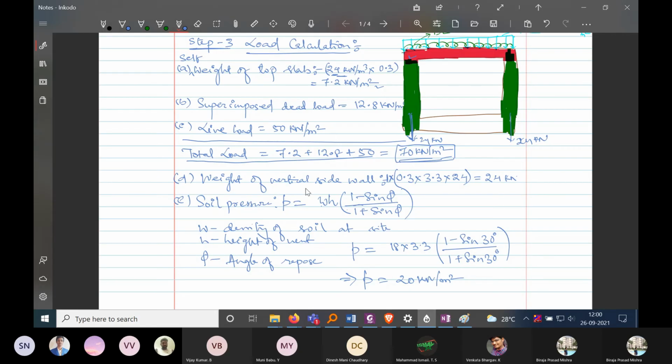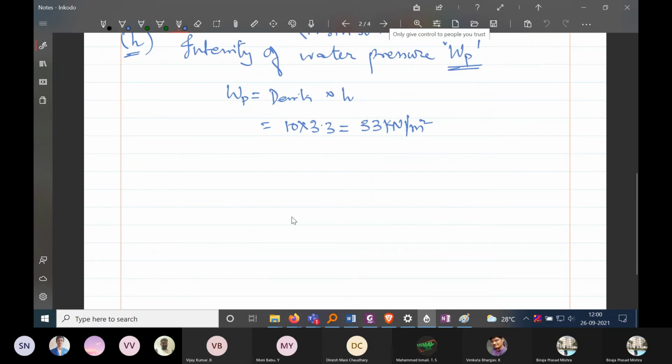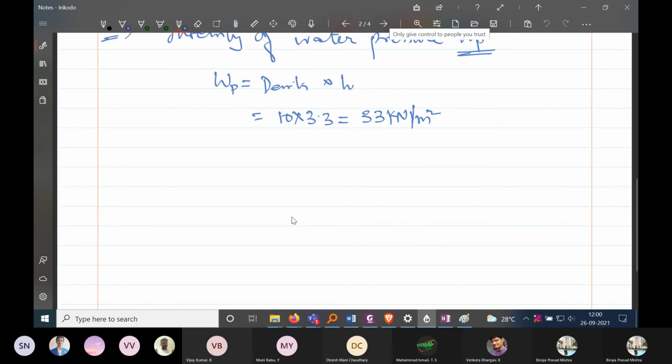Let us give the heading as loading cases considered for the box culvert.